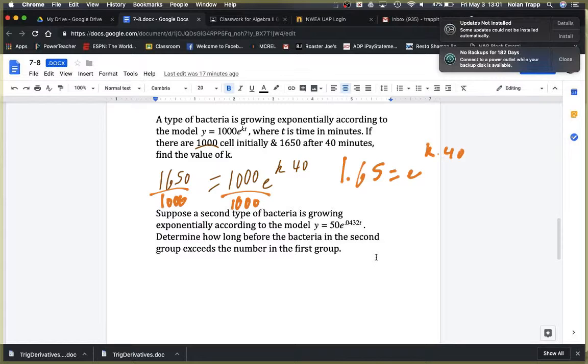And so then we do ln. Gives me 0.50078. Divide that by 40.